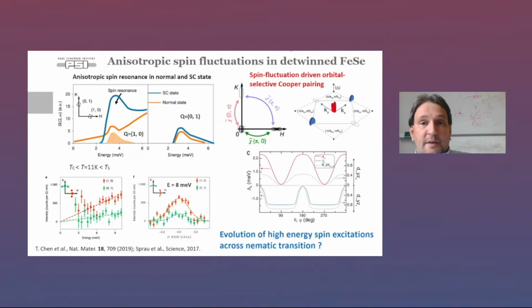In their measurements, they also showed immediately at low energy that the spin resonance is really anisotropic, both in the superconducting state, shown in blue here, between the (1,0) and (0,1) direction, but also in the normal state.